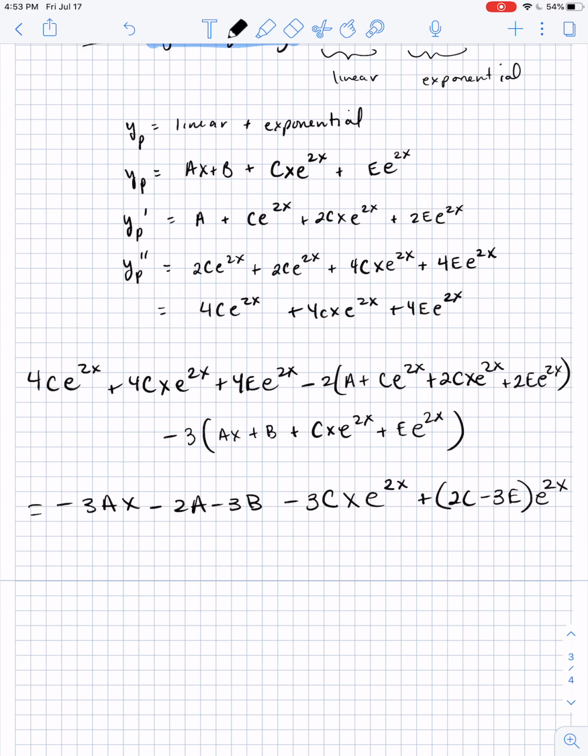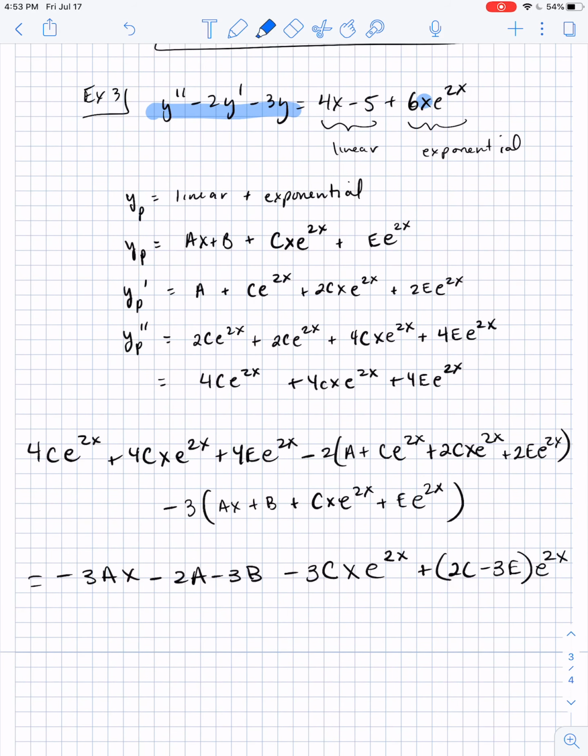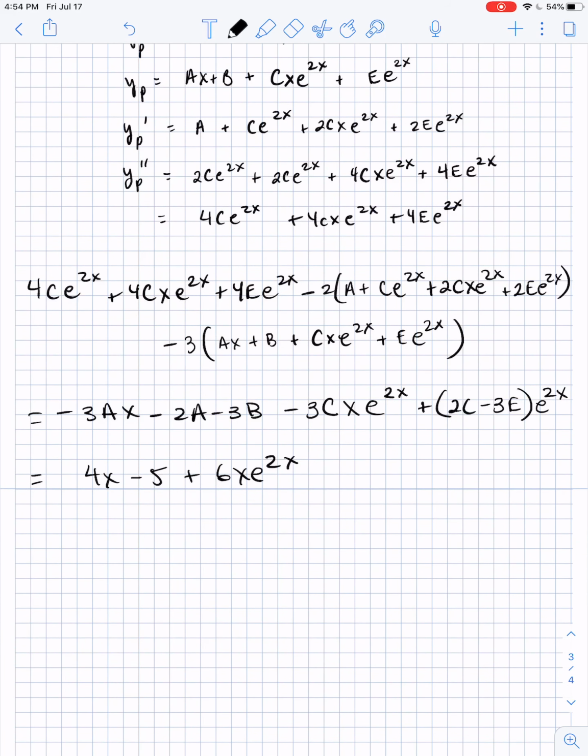Okay, so now what this is equal to is this whole right side that we have up here. So that equals 4x minus 5 plus 6x e to the 2x. Now you can set up the terms that go together. The coefficient of x is negative 3a, and that's going to equal that 4. Our constant is this whole thing here, and that's going to equal negative 5.